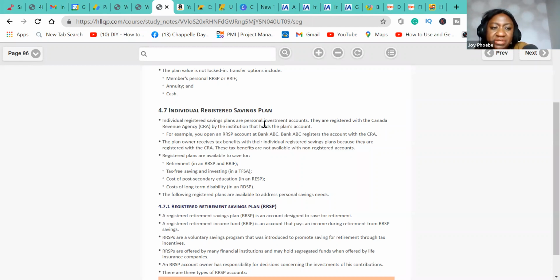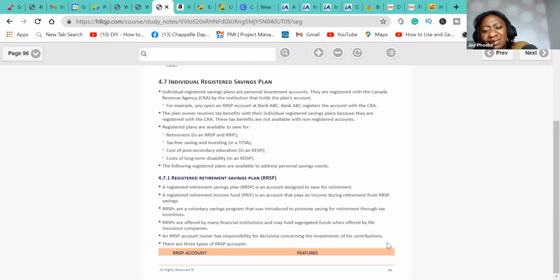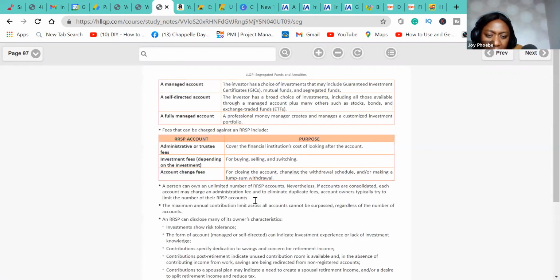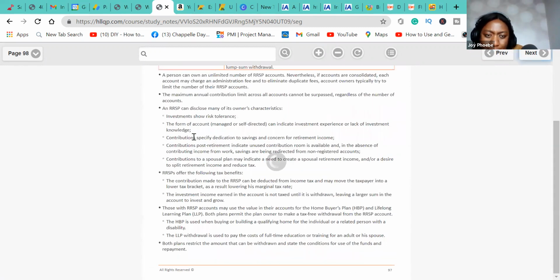Individual registered retirement savings plans are RRSP, which is similar to that of a group registered savings plan, just that it is an individual one. And then we also have TFSA. Okay, so this is all talking about RRSP.